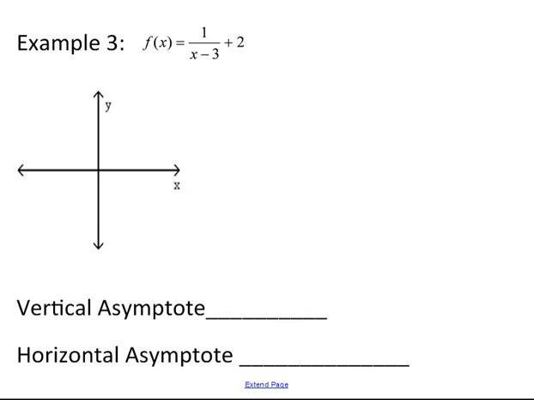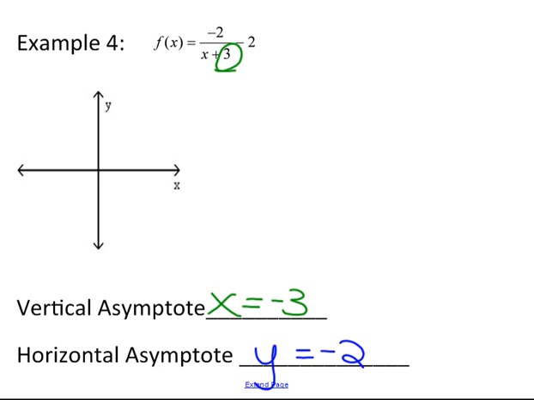Example 3, I want you to do on your own. Let's take a look at example 4. We need a vertical asymptote and a horizontal asymptote. So the vertical, that's x plus 3. We need the opposite, so x equals negative 3. And the horizontal, that's the number that's outside, so y equals negative 2.